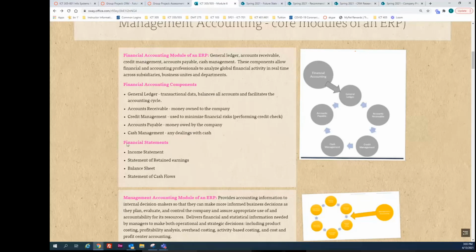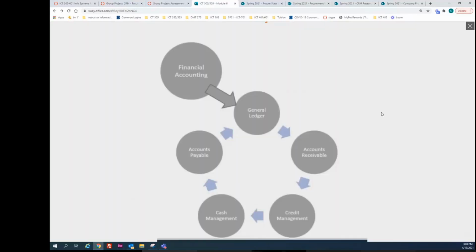All of that is really put into play because you need to create income statements for your company, statements of retained earnings or the balance sheet. Every company needs to have a balance sheet, and then a statement of cash flow. So where is the money going in and out of the company? That's what this part of the ERP system for financial management comes into play for in financial accounting. It's covering all of these things from a global perspective of the company overall.